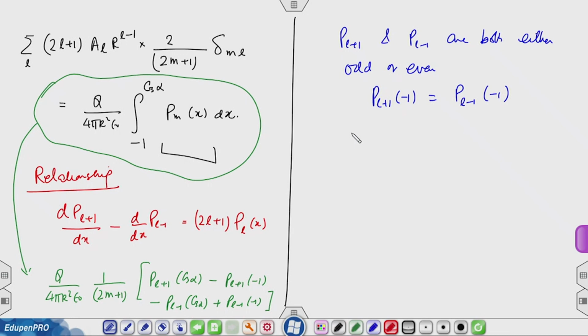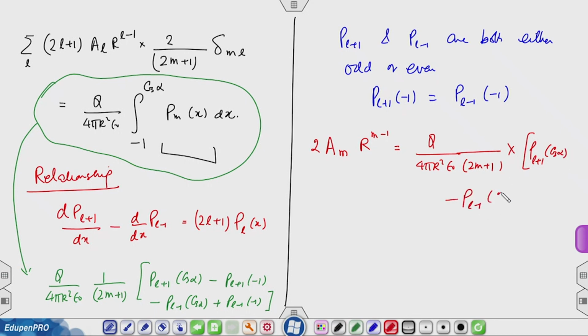So, on the left hand side you get A_m r raised to m minus 1 times 2 is equal to q over 4 pi r square epsilon naught, 2m plus 1 times P_(L plus 1) cos alpha minus P_(L minus 1) cos alpha. And to be consistent, you take P_(L minus 1) cos alpha to be minus 1 for L equals 0. That you can check when you are doing it.